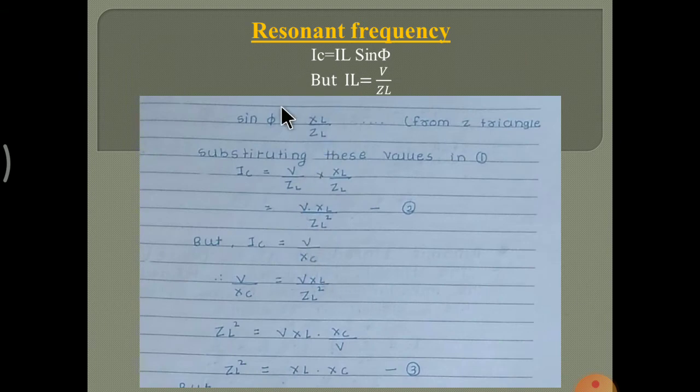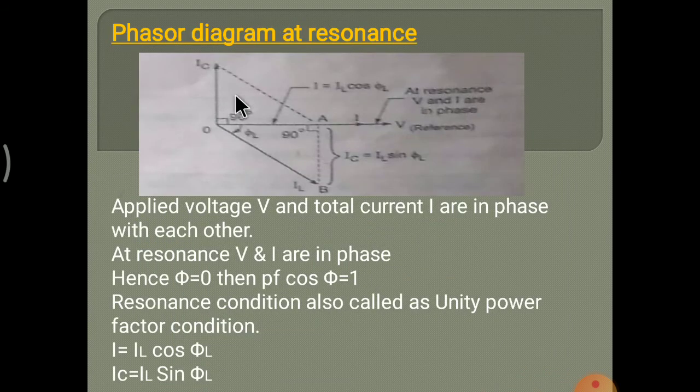Then suppose in the phasor diagram, this is the impedance triangle. Here is XL, here is R and here ZL.